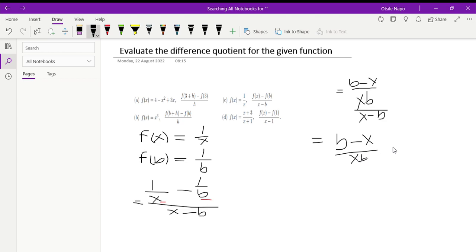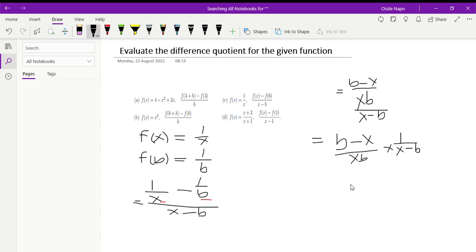When you divide, you can reciprocate the division into a multiplication. Therefore, this was over x minus b, which was over 1. Now we are putting it under 1.